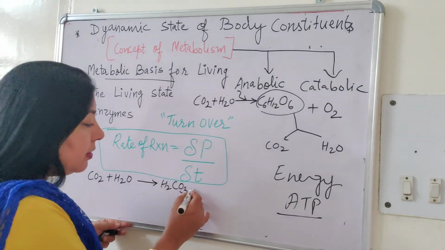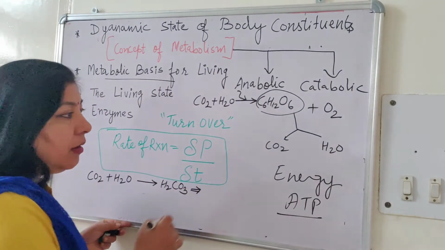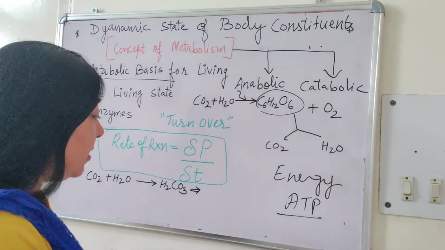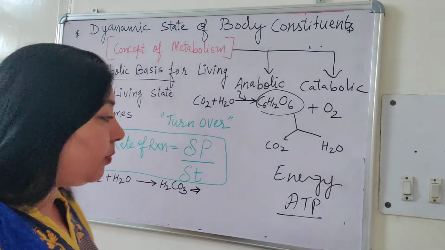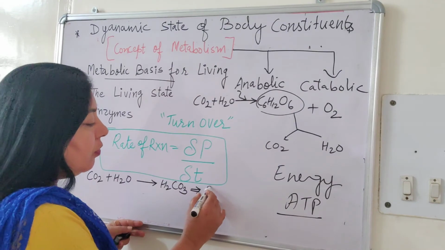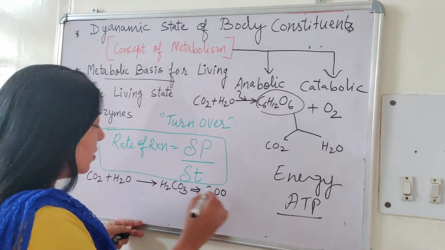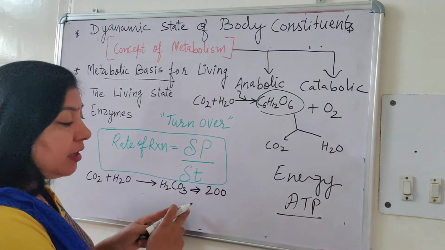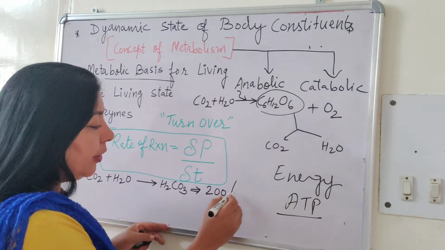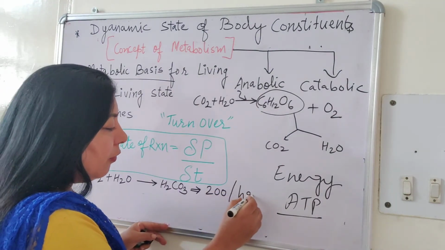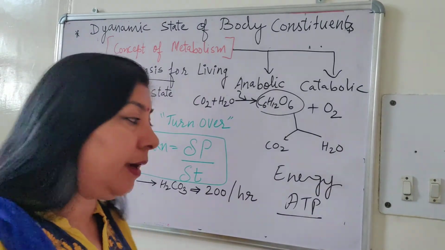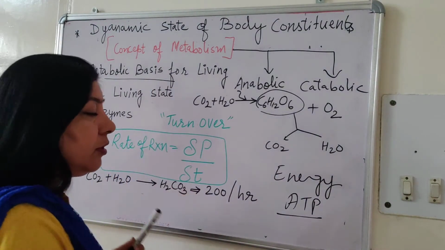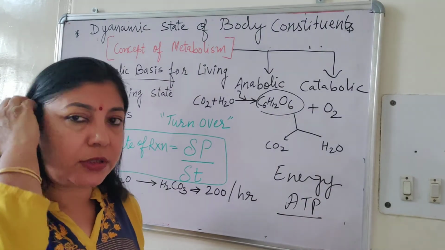It is seen that for this reaction, the speed is very slow. The speed is around 200 molecules of H2CO3, that is carbonic acid, produced per hour. So in 1 hour, 200 molecules of carbonic acid are produced.